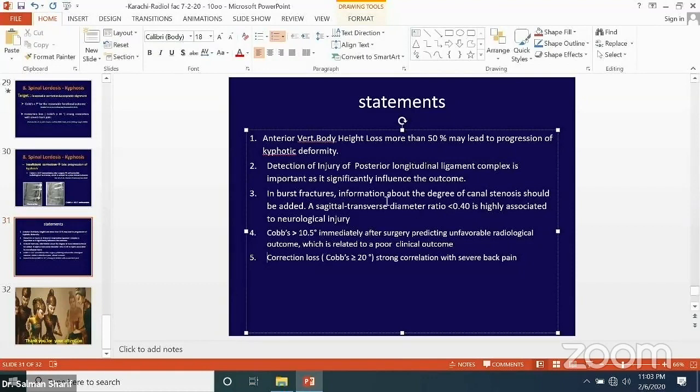We can make a more comprehensive statement. More than 50% burst fractures with sagittal transverse canal diameter ratio 0.40 are highly associated with neurological injury and outcome.